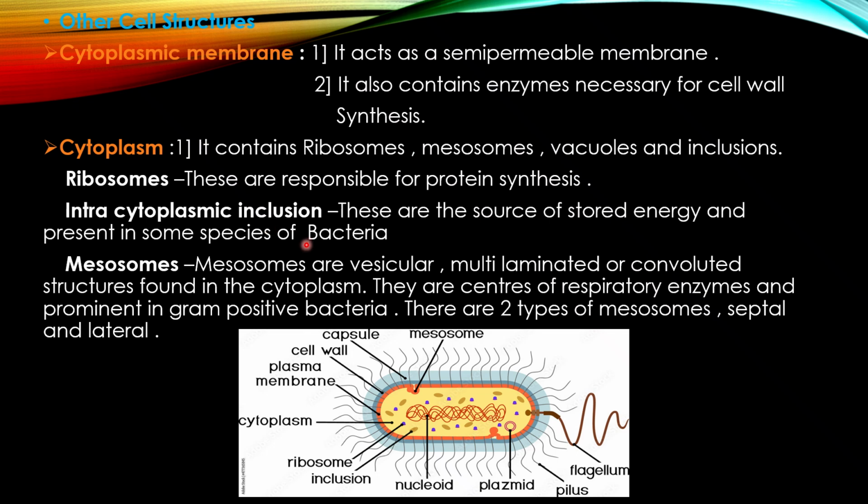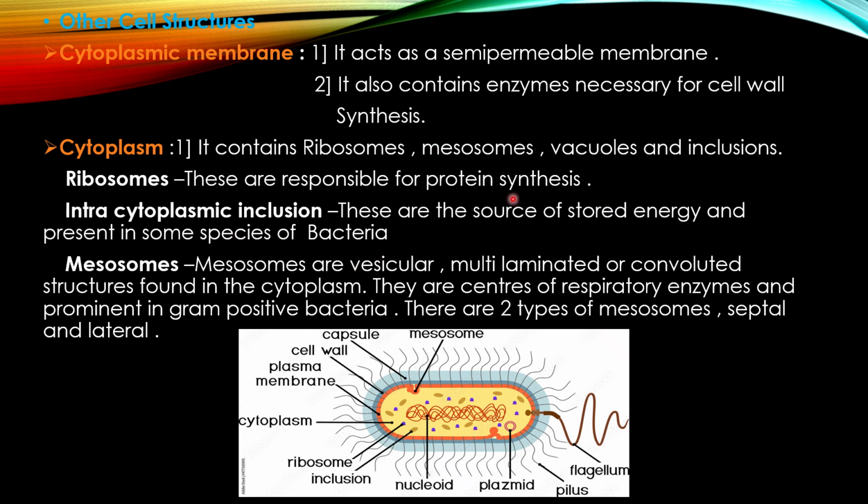And then next is intracytoplasmic inclusions. These are inclusion bodies. As you can see here, all these oval shaped structures are inclusion bodies. And what is the function of these? These are a source of stored energy and are present in some species of bacteria.